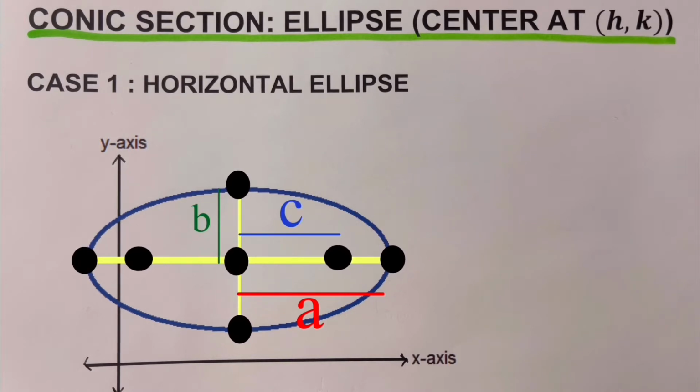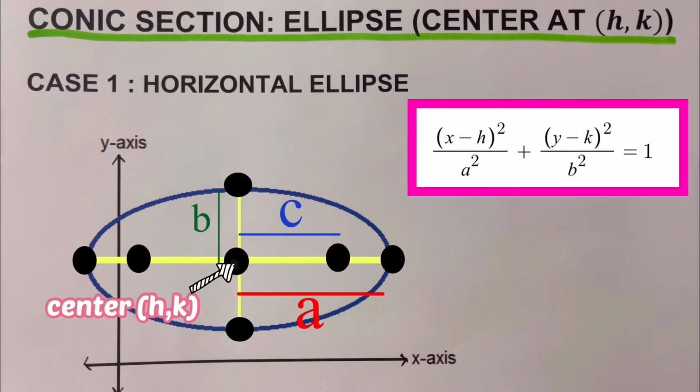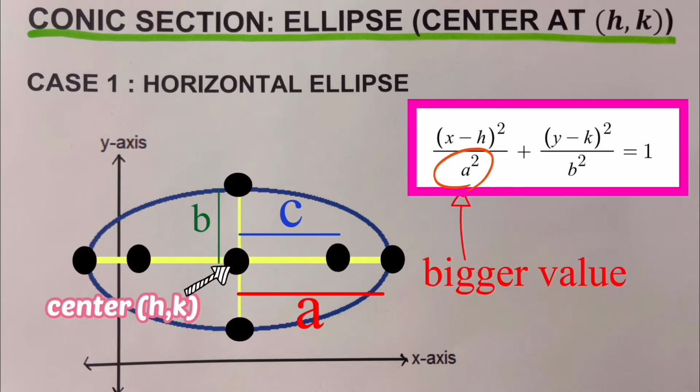We also remember that the formula for a horizontal ellipse is (x − h)² over a² plus (y − k)² over b² equals 1. Please notice that the value of a² is under the (x − h)².